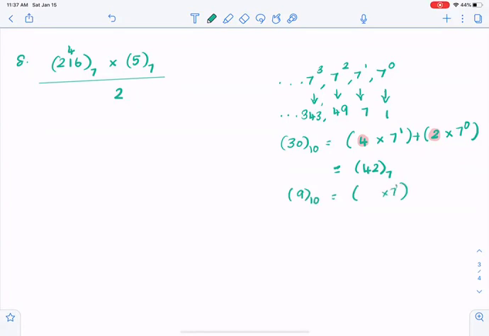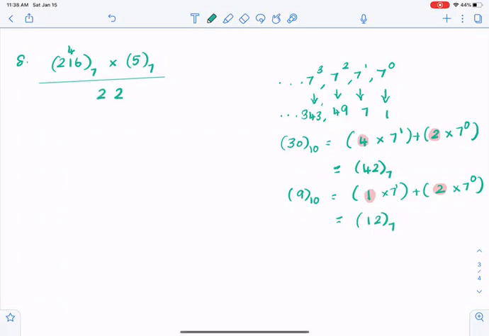Again, we can only go up to 2 digits. So 1 times 7 is 7, 2 times 1 is 2, 7 plus 2 is 9. So in base 10 we have 9, and in base 7 it would be 12.